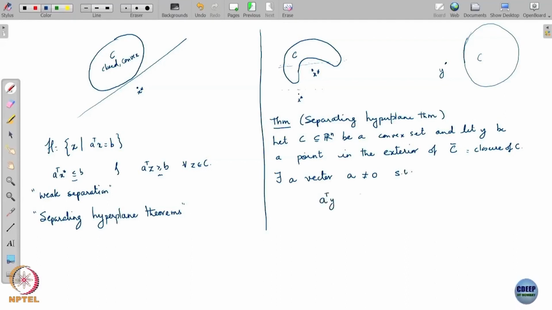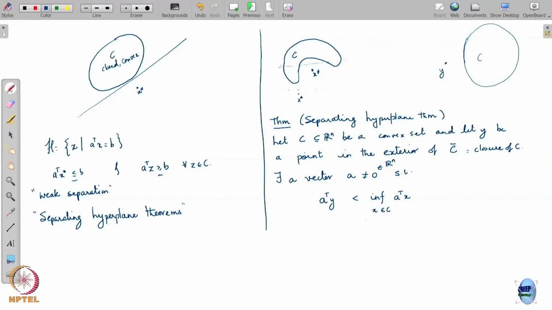A transpose Y is less than the infimum of A transpose X as X ranges over C. So, there exists a vector A in Rn, not equal to 0, such that A transpose Y is less than the infimum of A transpose X as X ranges over C. Now, how does this define a separating hyperplane?